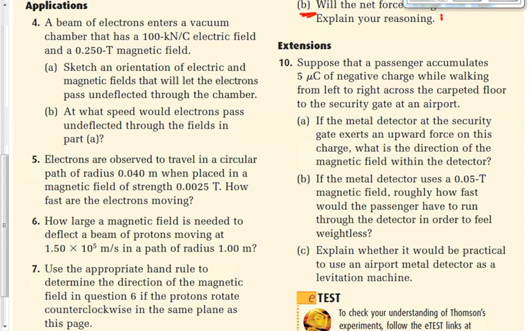Well, if the magnetic force is upward, and the person with 5 coulombs of charge, positive 5 coulombs of charge, is walking this way, then what's the direction of the field? We'd say right hand. Oh, is it negative? Okay. So we'd say left hand.